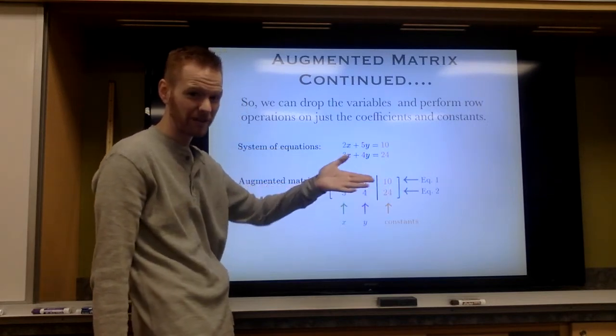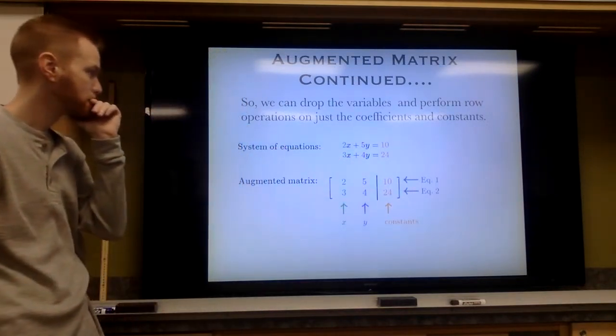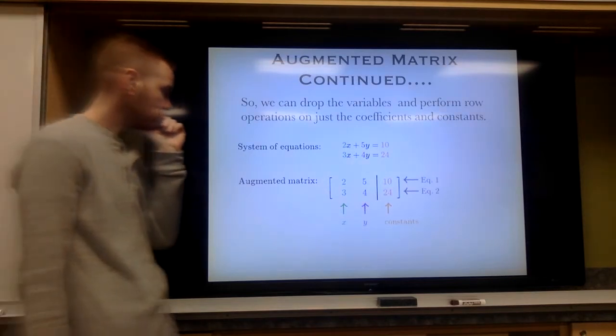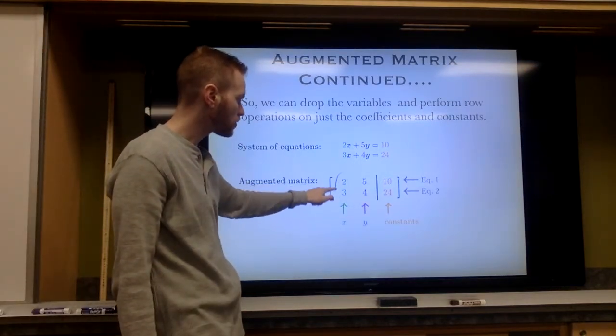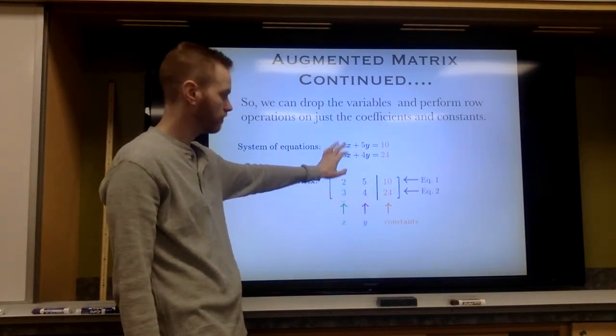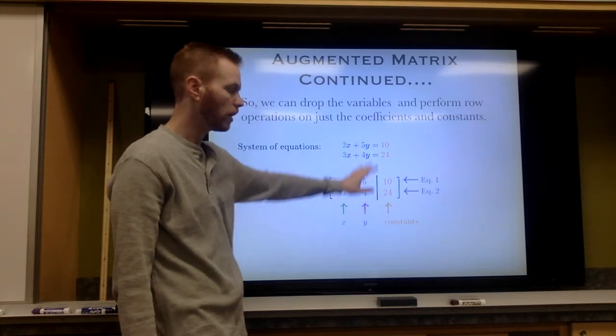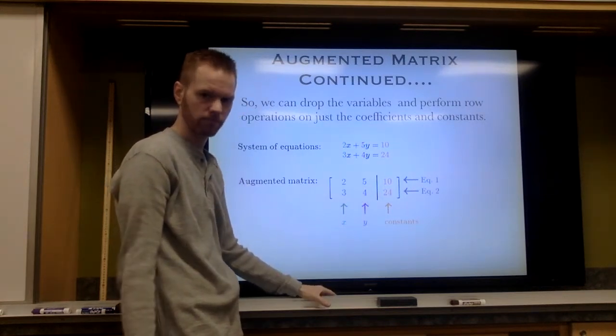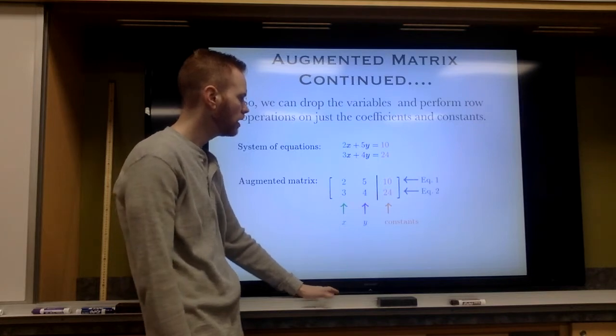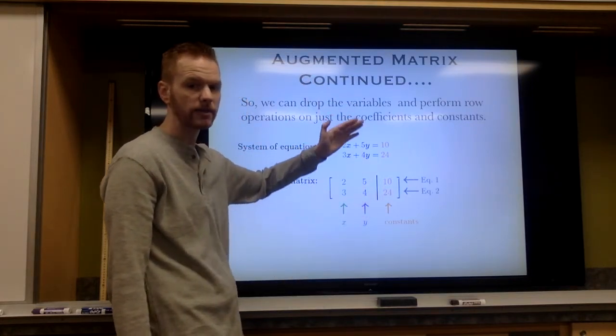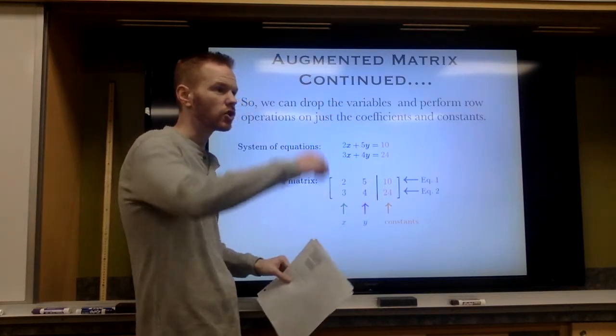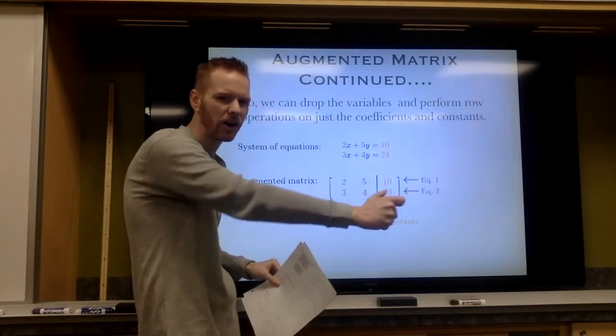I color coded it, maybe it's a little easier. The first column represents all the x values in my system. The second column represents all my y values in the system. So far, so good. And then the word augmented literally means you're tacking on, you're adding on to the matrix.